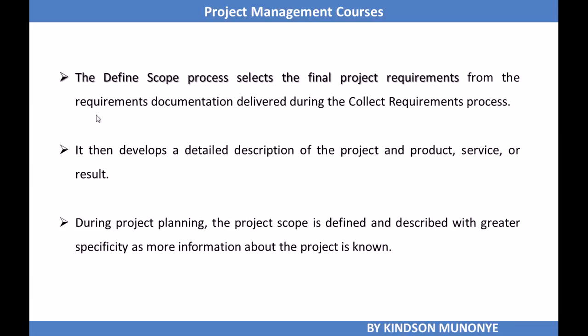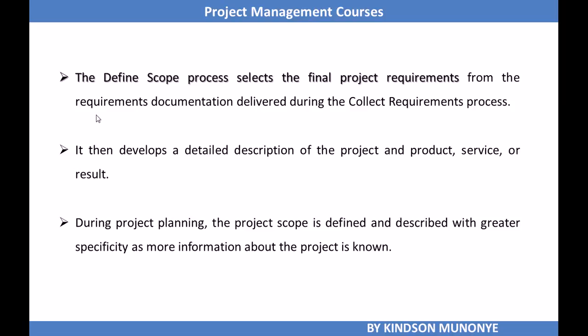The define scope process selects the final project requirements from the requirements documentation delivered during the collect requirements process. So during the collect requirements process, using various tools and techniques, requirements were collected and presented in the requirements documentation.